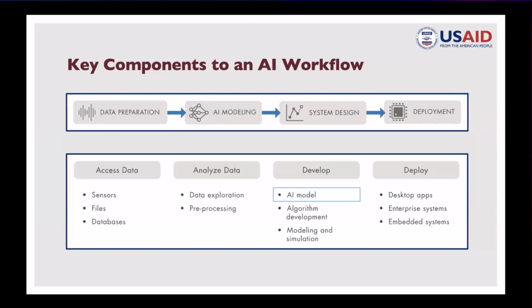For the first one, data preparation. Guys, this is very important in building your AI model. The nature of the data that you will be using definitely will influence the performance of your model. Okay? So when we say data preparation, that has something to do with accessing your data.